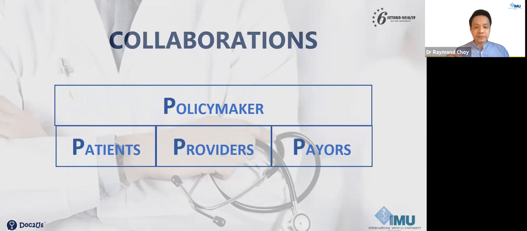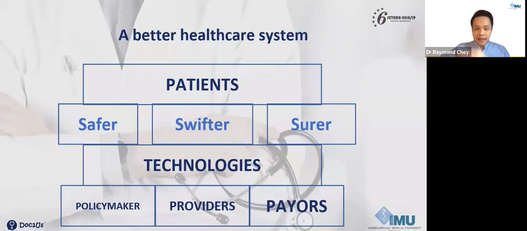So next. If you dissect it down, a better healthcare system that I believe in is, on top, always the patients. How can we bring our services revolving around the patients, right? So by using technologies, how can we deliver a safer healthcare service, right? A swifter, more convenient, smoother service, things like that, with less waiting time.